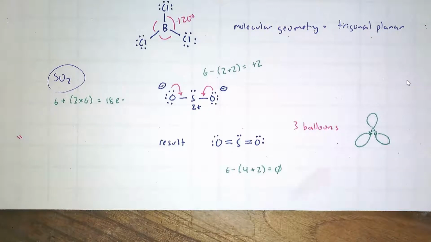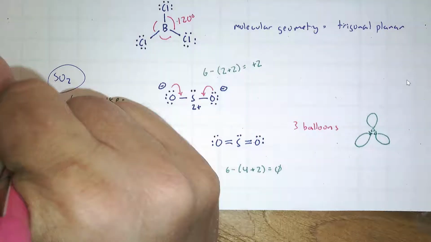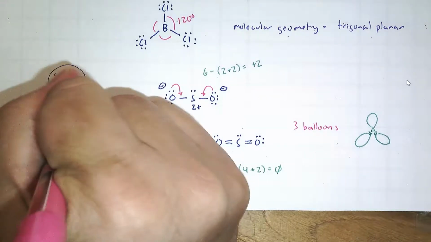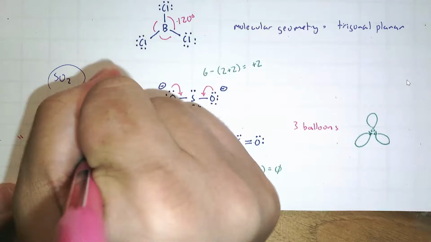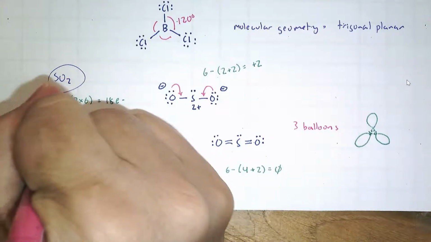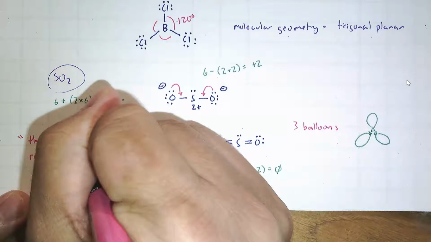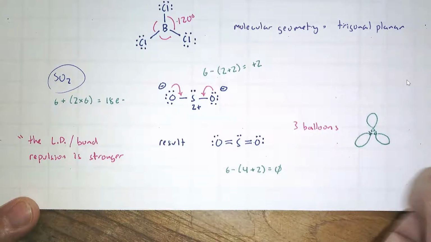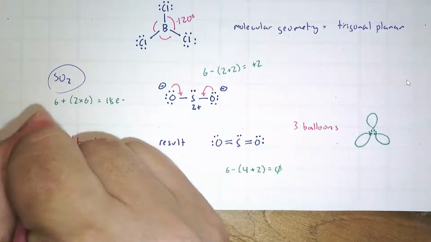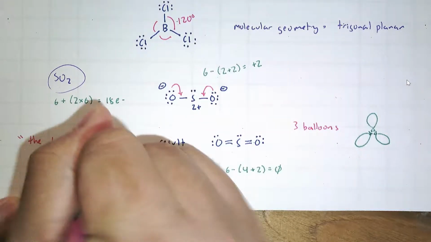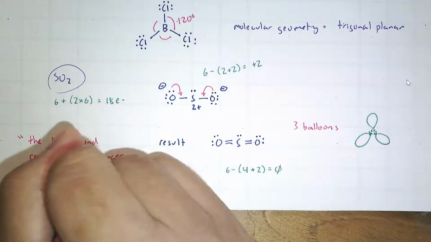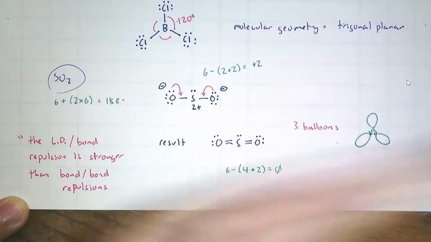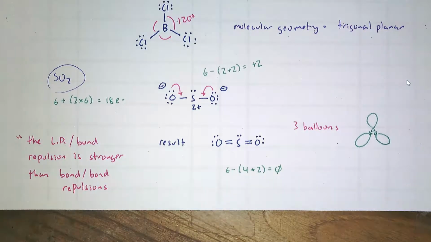Let me write it this way: the lone pair-bond repulsion is stronger, or you can even say larger, but we'll say stronger than a bond-bond repulsion. In this case, it's not going to be that big, but there is going to be a difference.